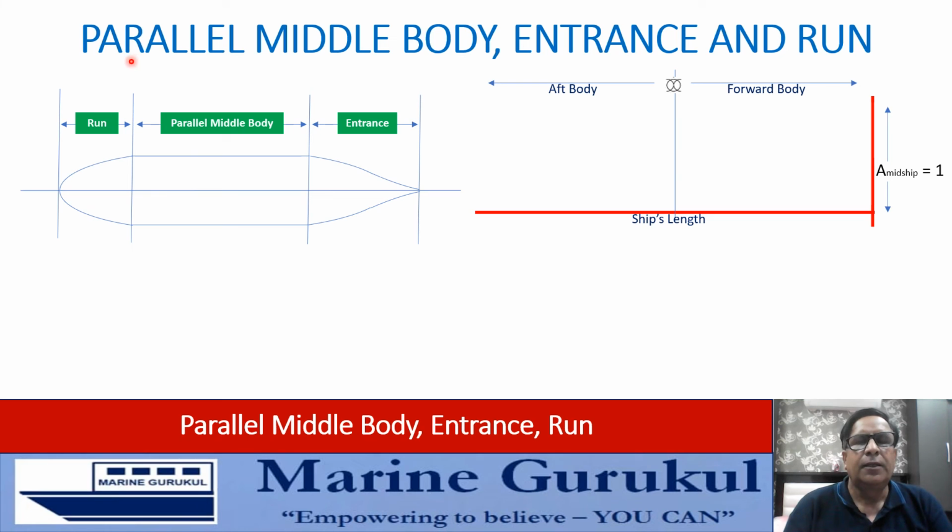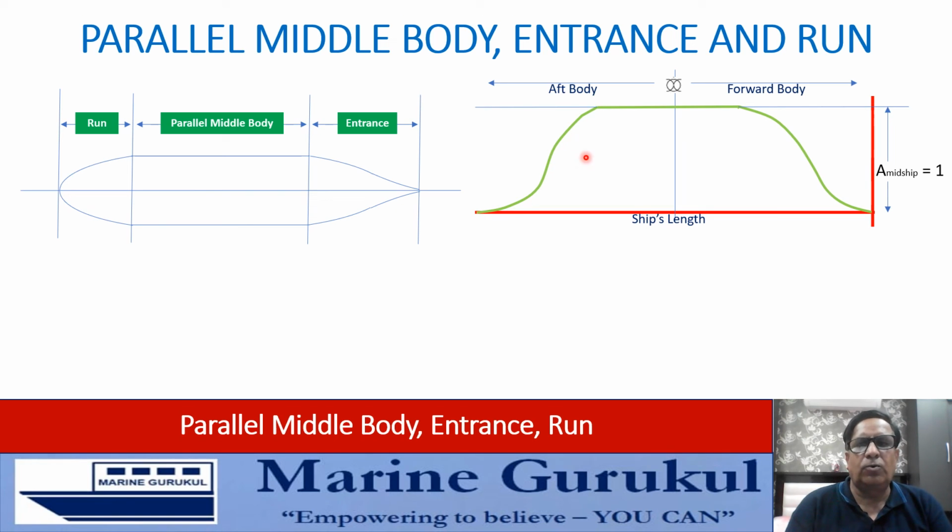So we can take the cross-sectional area midships as 1, and other cross-sectional areas can be fractions of that. And then if we plot them, we get the cross-sectional areas in the forward part, and then in the middle body the cross-sectional area being 1, and then in the after part.